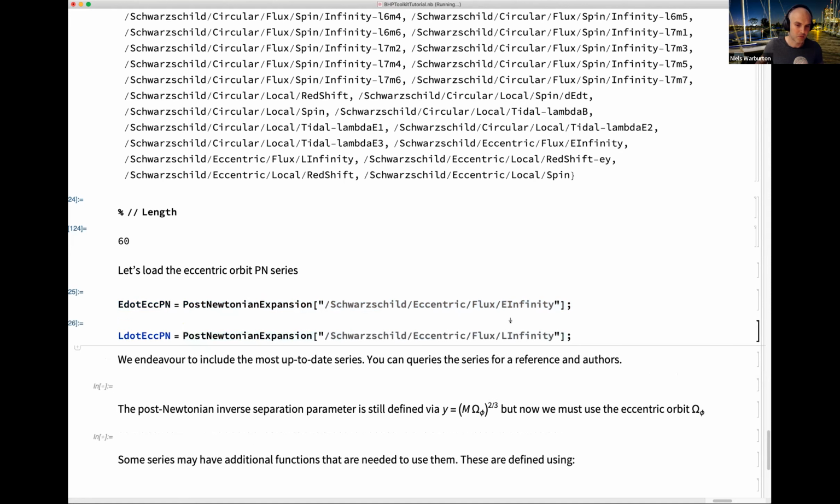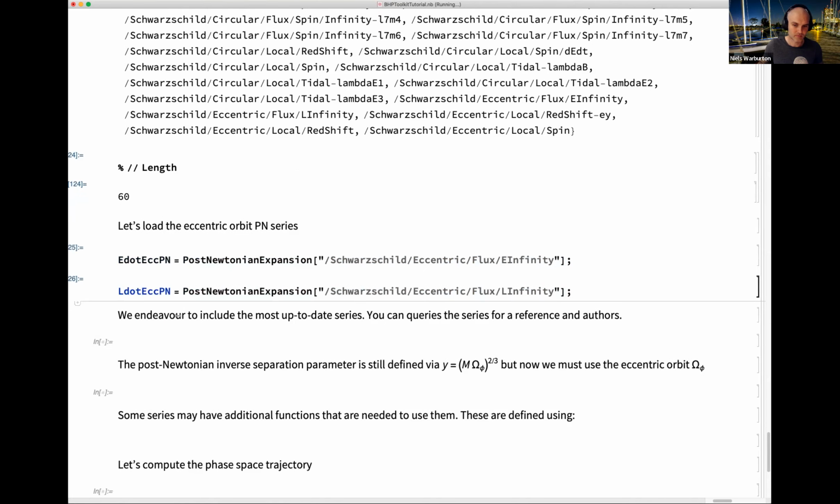And the same with the angular momentum radiated to infinity. So these PN series, we endeavor to keep them up to date. Over the years, people have extended them from 5, 6, 7 up to these very high order PN series.